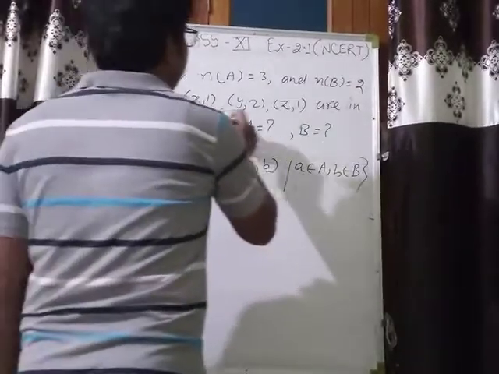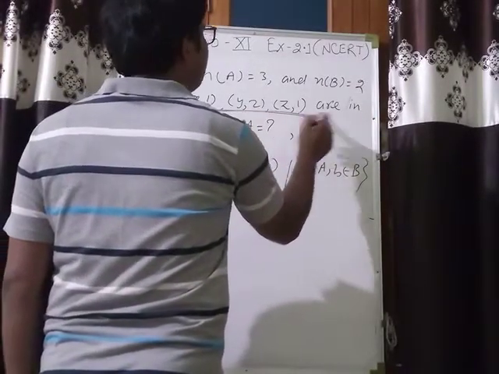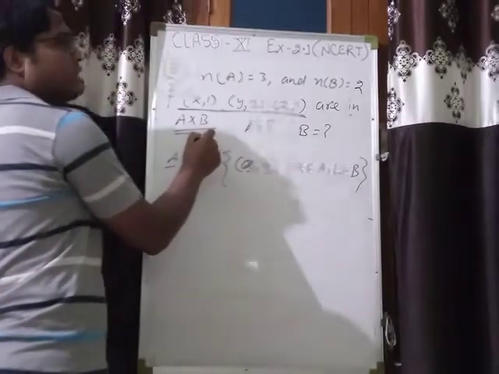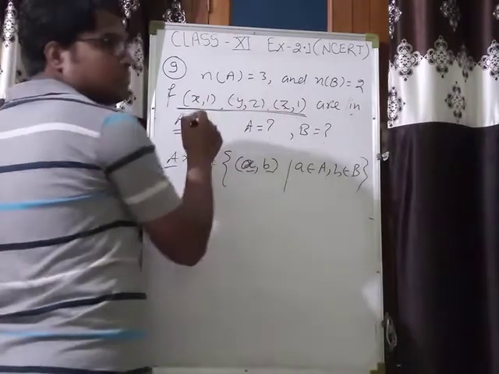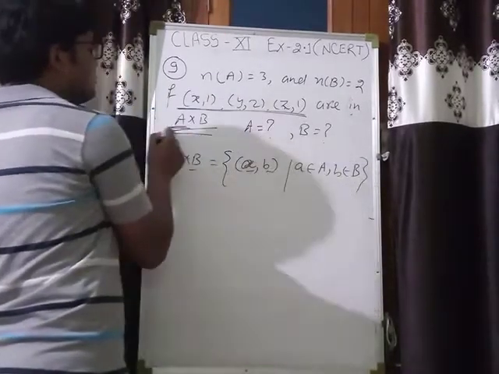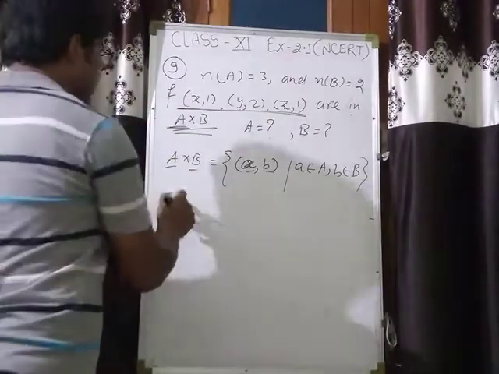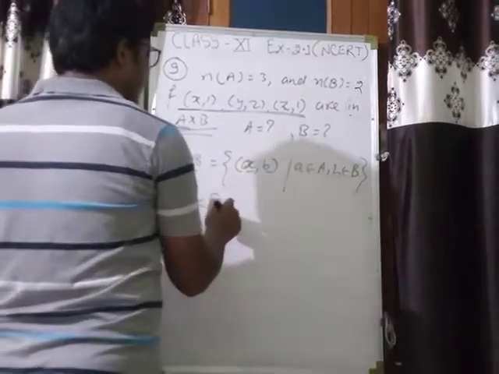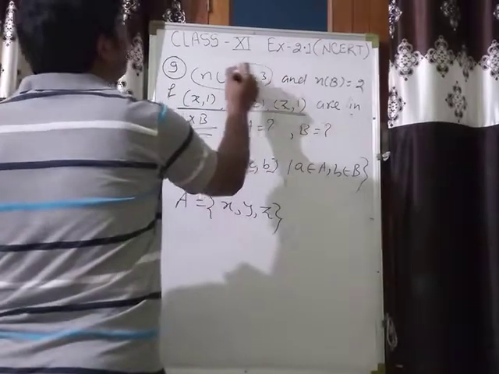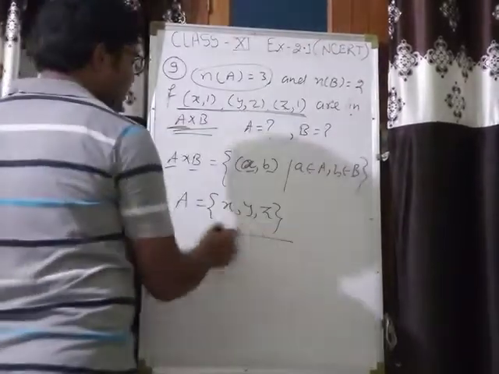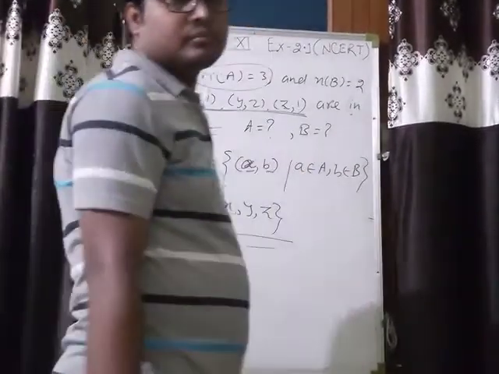Because these elements are in A Cartesian product B, clearly the first element of these ordered pairs must belong to the first set A. Clearly A has x, y, z, and because there are only 3 elements in A, this will be A.